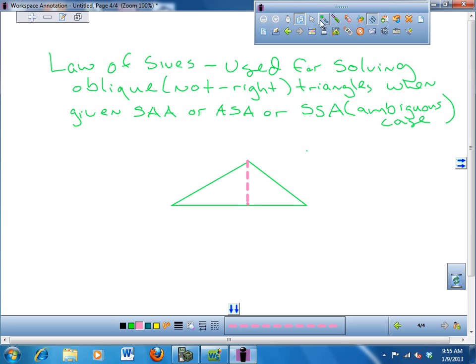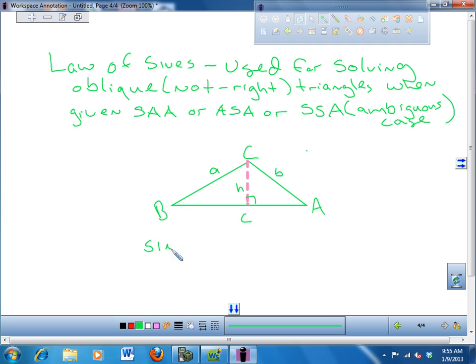I just want to show you where law of sines comes from. Now you don't have to necessarily derive this on a test or anything, but it would be nice to know where it comes from. So if you take an oblique triangle and look at two separate triangles, you draw a height or an altitude right down there.